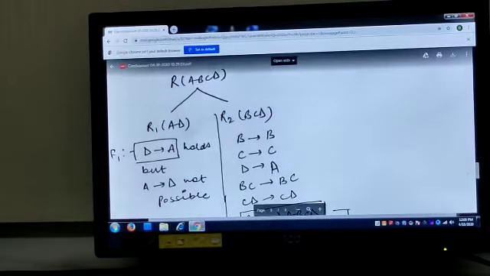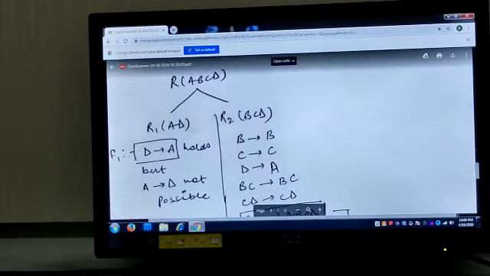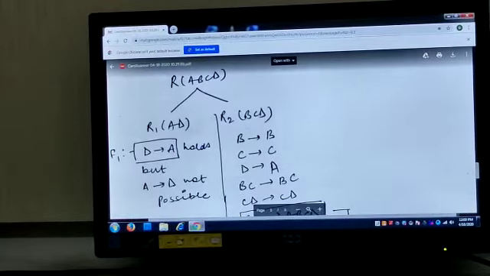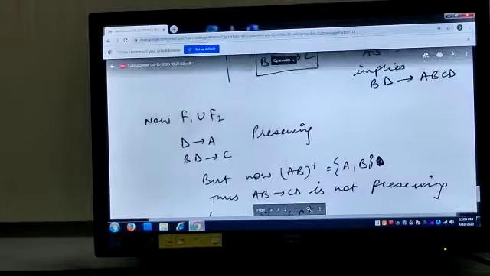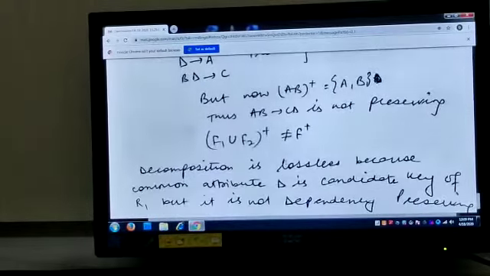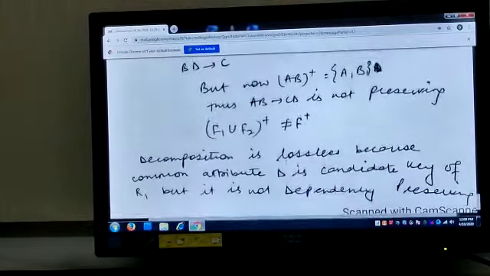You can see here D is the candidate key of R1 because A is dependent on D. So I am having one common attribute, and that common attribute is the candidate key of one of the relations, R1. So we will say that the decomposition is lossless, but it is not dependency preserving.